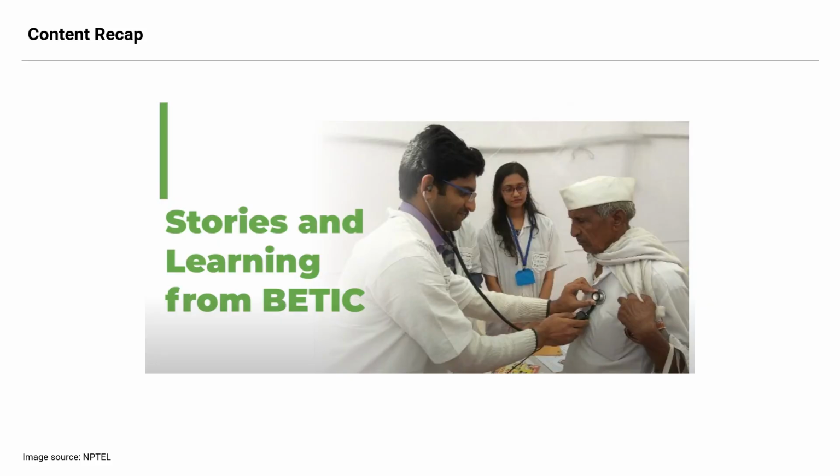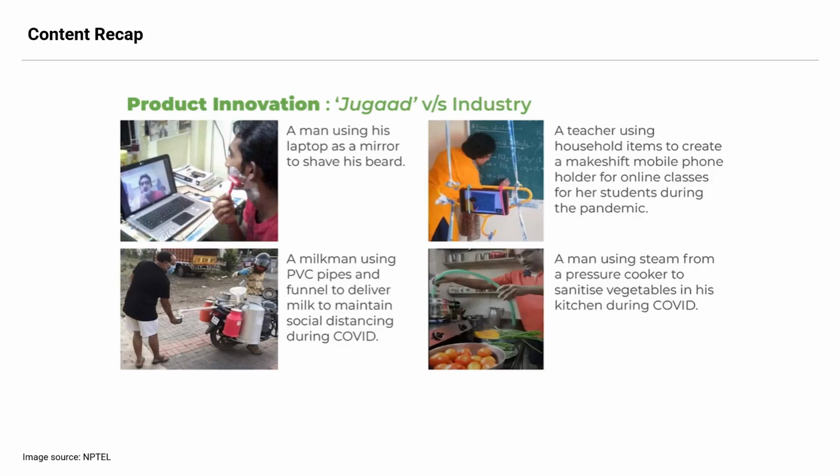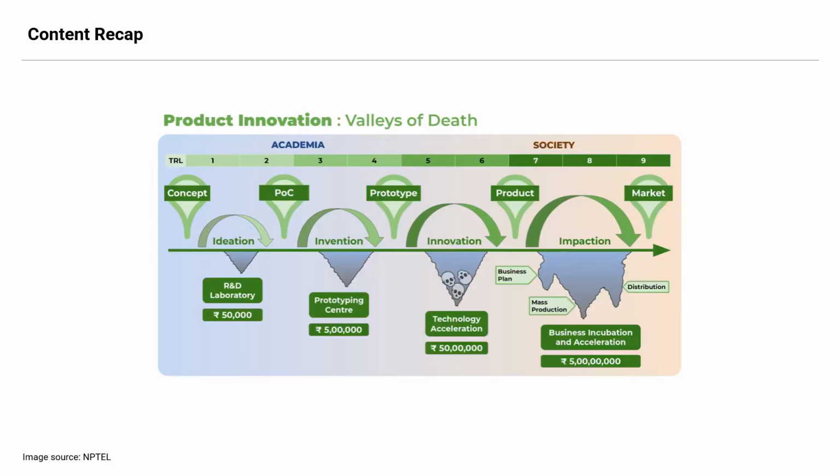He also shares stories about the IU device, the smart stethoscope, and he starts with how product innovation has begun in India and how we need to make startups which can make money and also improve the knowledge base.